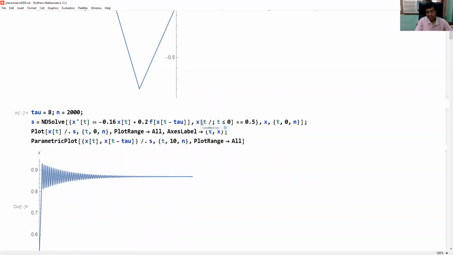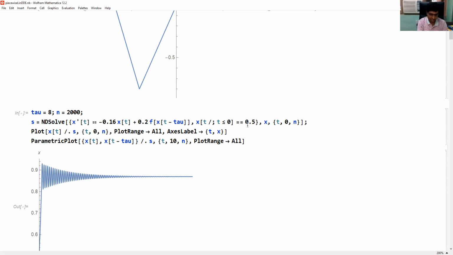Then this is the initial condition: x of t, with a slash semicolon t less than or equal to 0, means the value of x of t when t is less than or equal to 0 is taken as the constant value 0.5. We are going to change this initial condition.